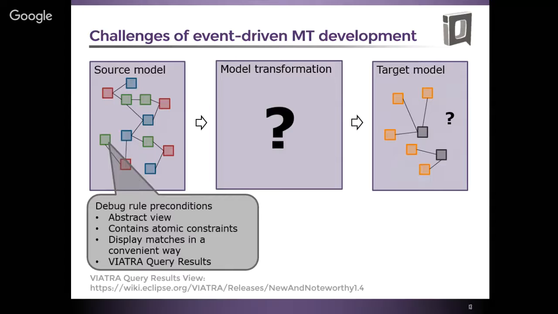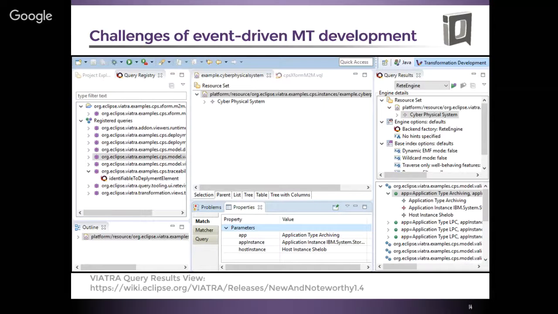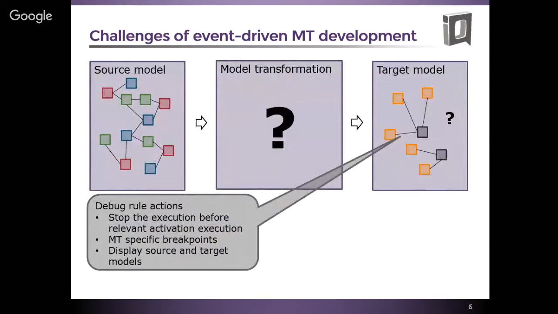It provides an abstract view of the internal structure of these queries and allows the user to browse the query results in a convenient and easy to understand way. So basically, this shows how the pattern results can be observed in this case.